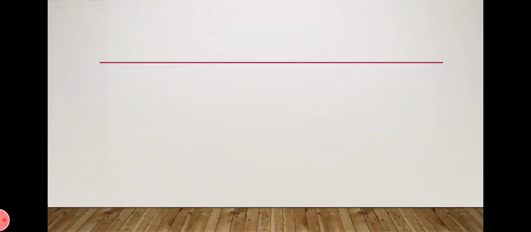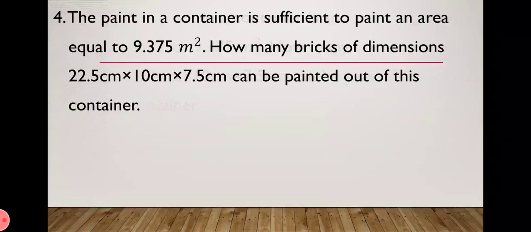Question number 4. The paint in a container is sufficient to paint an area equal to 9.375 meter square. How many bricks of dimension 22.5 centimeter into 10 centimeter into 7.5 centimeter can be painted out of this container?